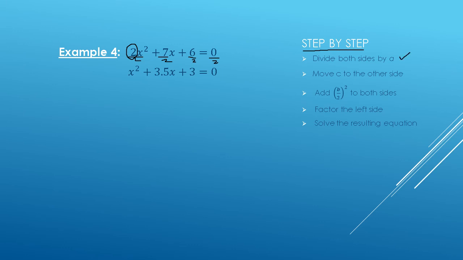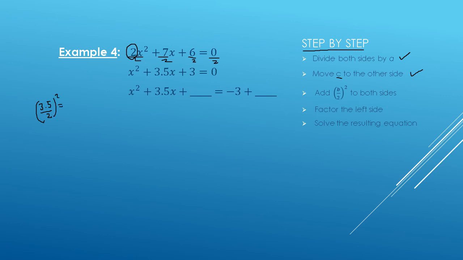So, following our step-by-step process here, our next step is to move c to the other side. So flip my 3 over, and I'm ready to complete the square. So what number completes the square? Well, let's do our work here. The b is the 3.5, and I need to divide that in half and then square it.